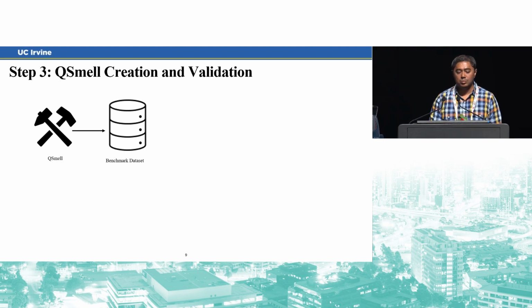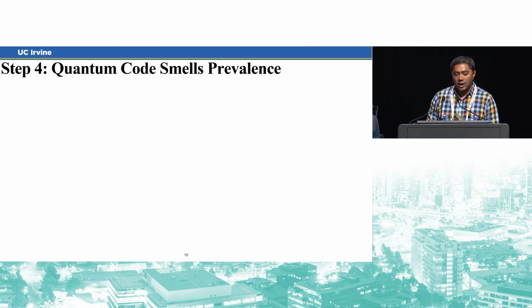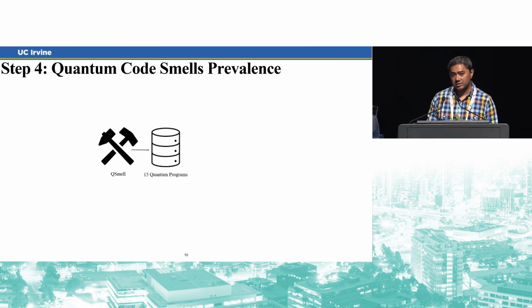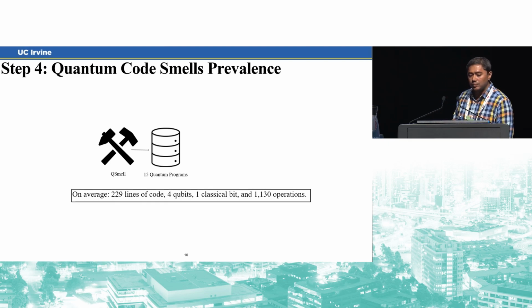So then we evaluated our tool on the benchmark data set. And we had very high precision, recall, and F1 because it's a combination of static and dynamic analysis. And also, we had only two projects in there.